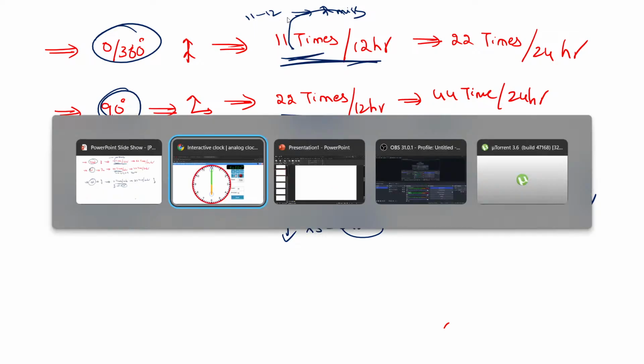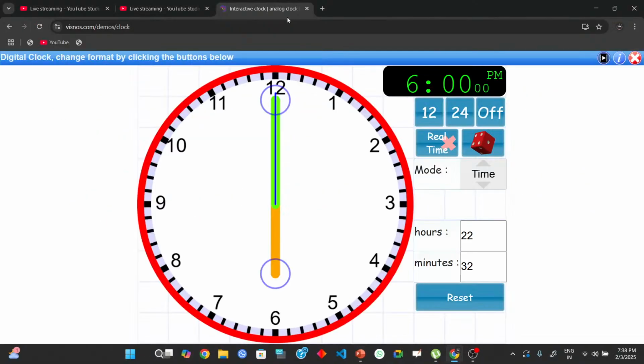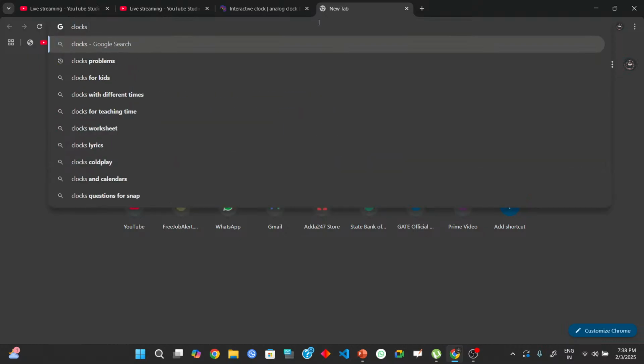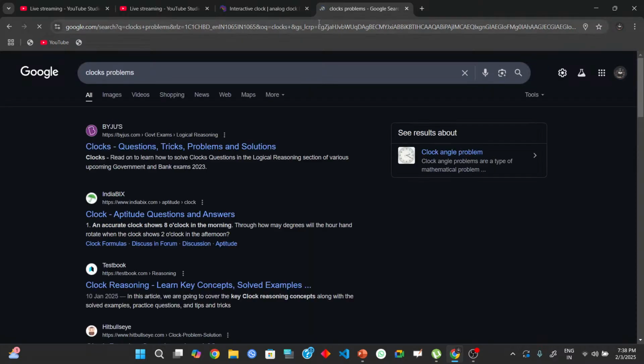Now I'm going to open a browser, and then I'm going to simply type clock problems. Choose any one link of your choice. Just type a random number, like 1 means first link, 2 means second link, and so on. Choose any one number, like 1 means Byju's, 2 means India Books, 3 means textbook, like that.